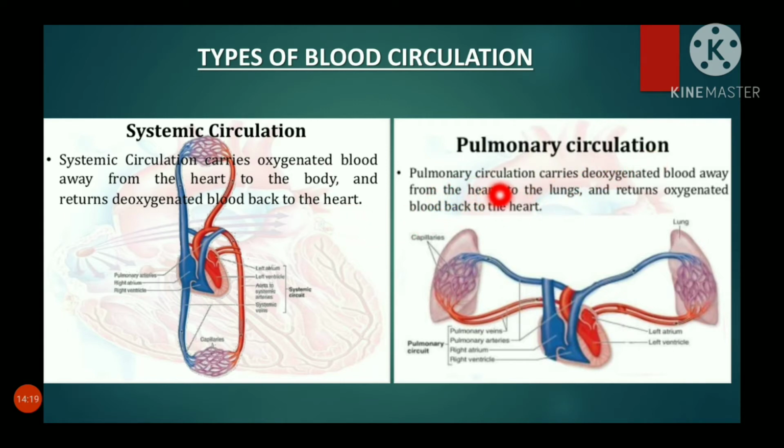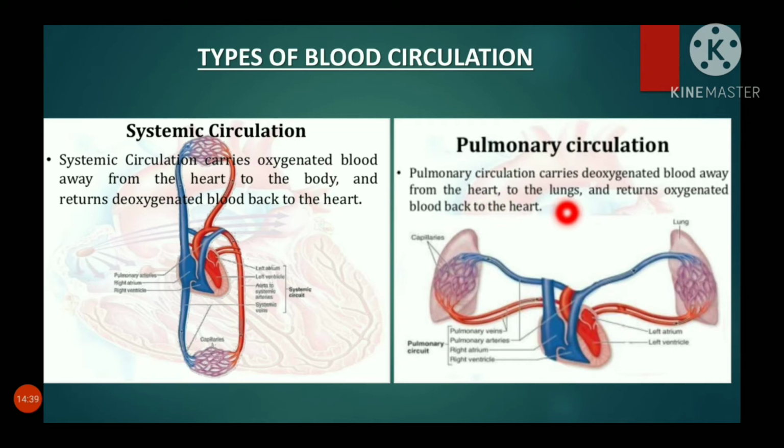Pulmonary circulation. In pulmonary circulation, deoxygenated blood is carried away from the heart and transferred to the lungs.